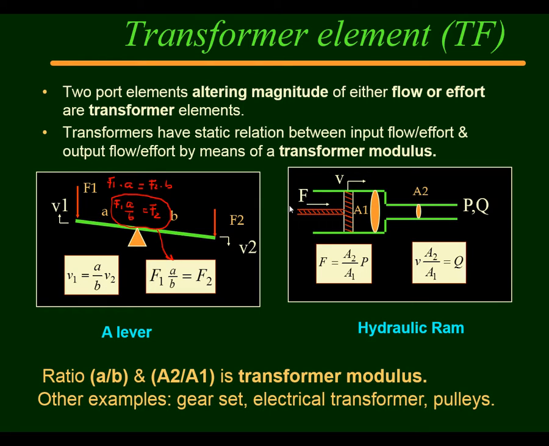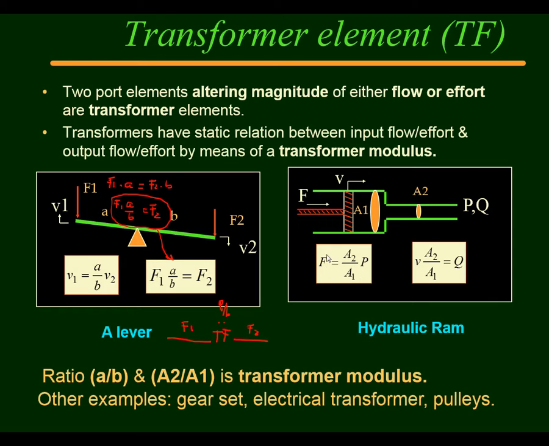This is another kind. So you could write this like this. You have a transformer here, and on this side you have F1, and then you have A, and then you have this F2. But the modulus of this is going to be A over B. Okay, the opposite is true on this.